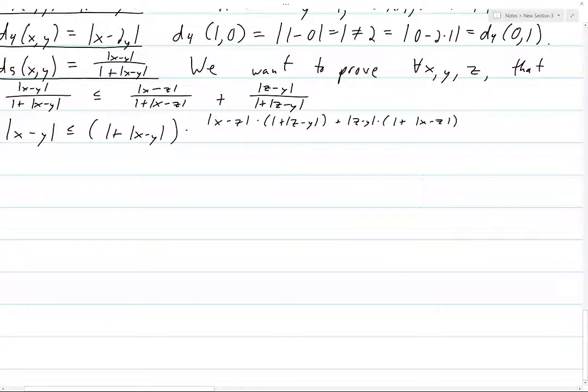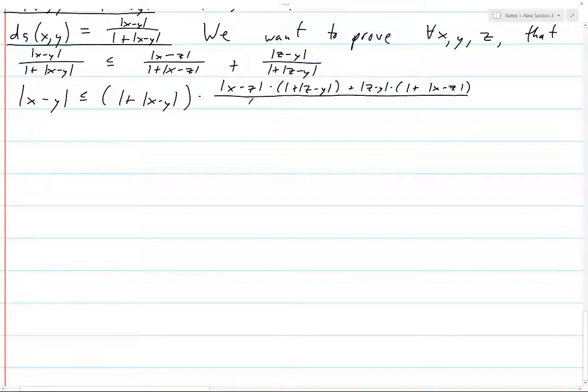Whoa, my computer is not going to like this, and probably you might not either, because this is pretty computational and not very insightful, but it's a proof, so, oh well. And we're multiplying by 1 plus norm of z minus y. Remember, this is what we want to prove.